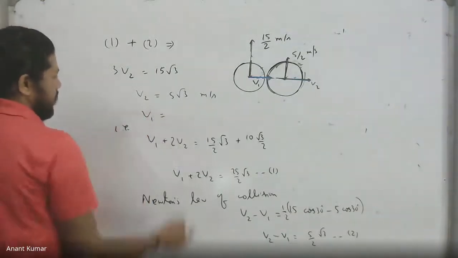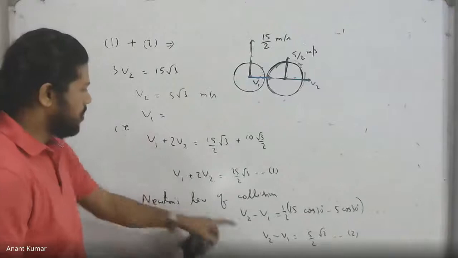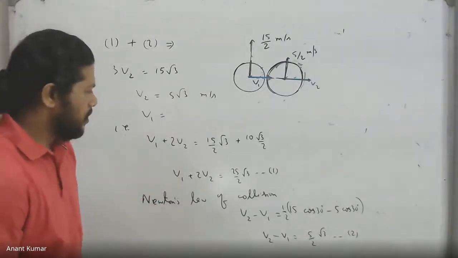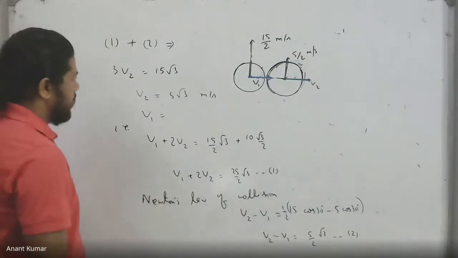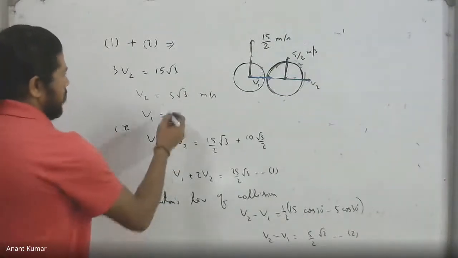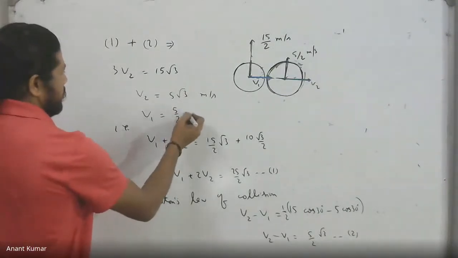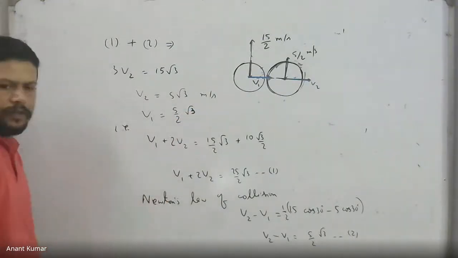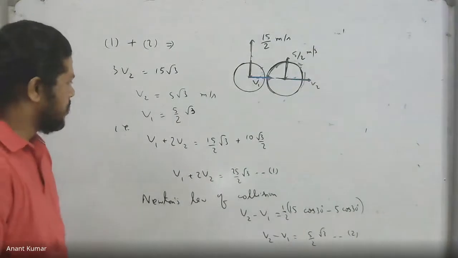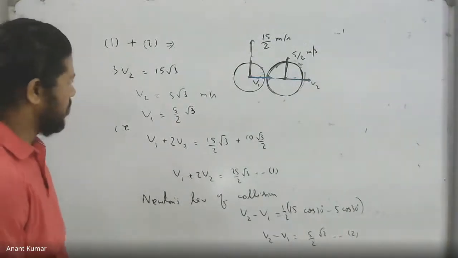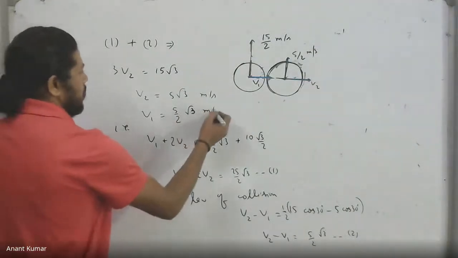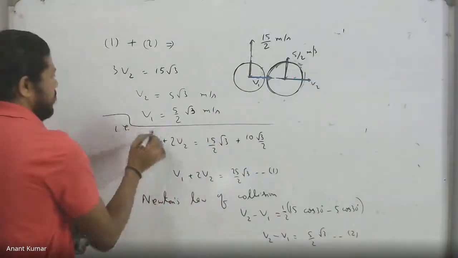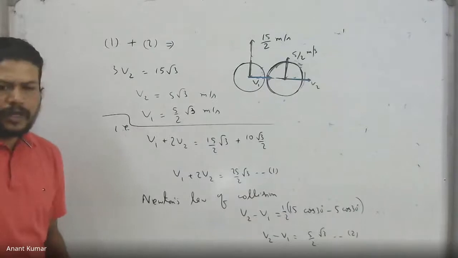V1 turns out to be, I can use one of the equations, V2 minus 5 by 2 root 3. So that makes it 5 root 3 minus 5 by 2. This is V1. These are the velocity components that we have got parallel to the line joining centers.